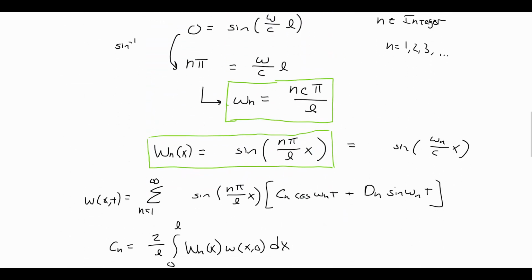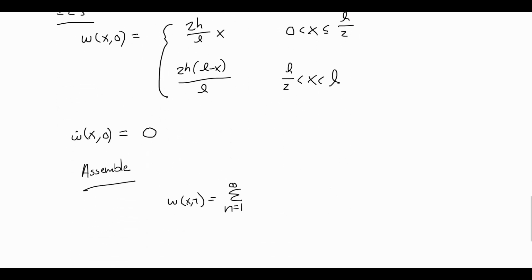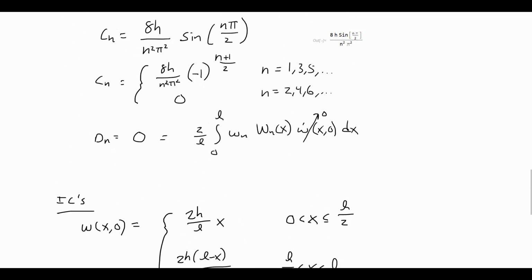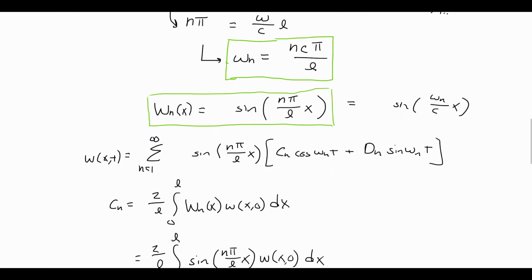Remember, we got rid of that b. It got absorbed into the c and the d term. So sine n pi over L x. And that gets multiplied by our Cn cosine omega n t plus dn, which is 0 in this case.